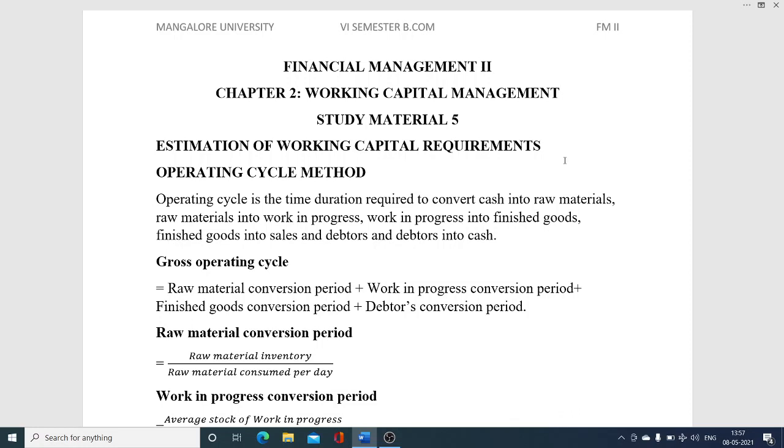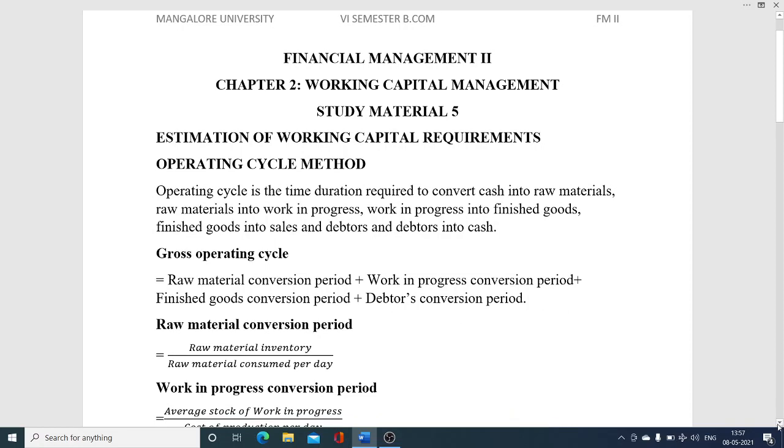The gross operating cycle is equal to raw material conversion period plus work in progress conversion period plus finished goods conversion period plus debtors conversion period. So it is actually the inventory conversion period plus the debtors conversion period.